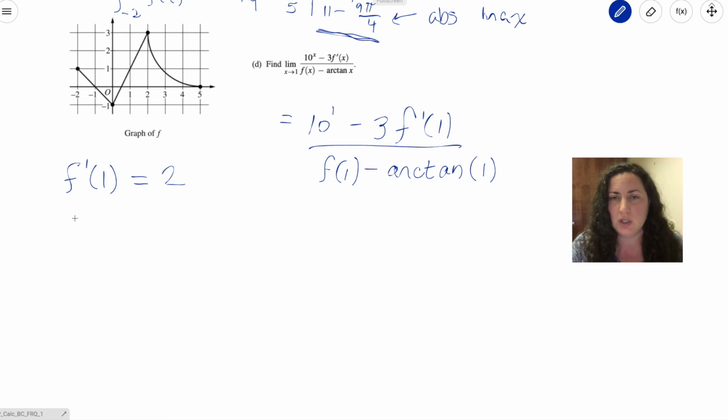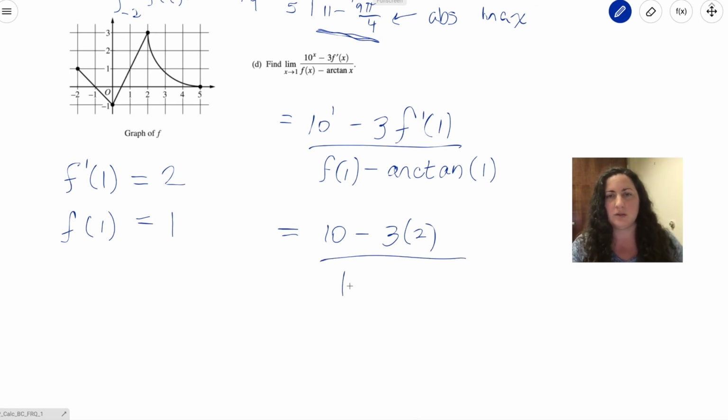We're also going to need f of 1, so I'll write that down as well. f of 1, you can see, is 1. So great, let's plug these in. This is 2, and this is 1 minus arctan of 1.